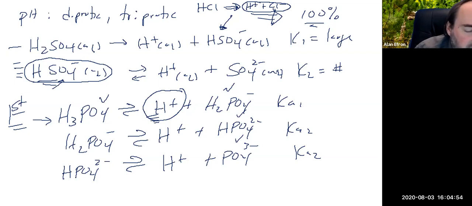This one also is a strong acid, but the difference is because of this diprotic part of it, when it's in solution, even though you have 100% of this over here, you still have generated this one, which has the ability to also lose an H plus.